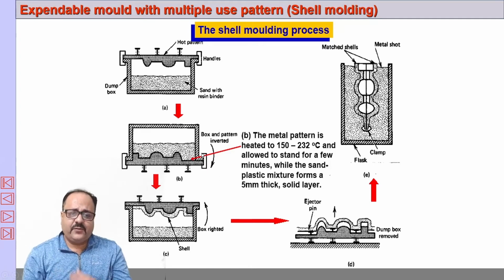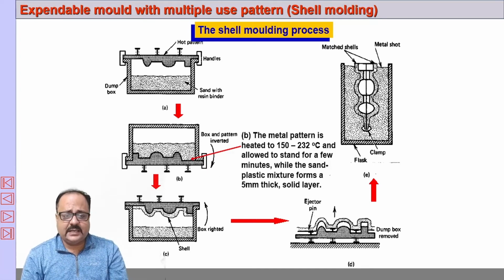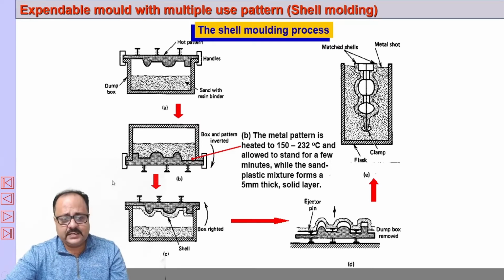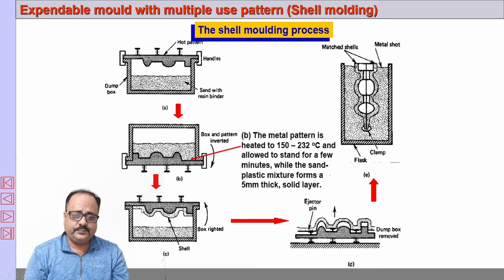And it is kept for a certain period of time, let's say for 30 seconds or 60 seconds. When a suitable shell thickness is formed, then it is overturned. So loose sand will fall, and where the phenol formaldehyde has undergone thermosetting, a shell will be formed following the profile of the pattern.